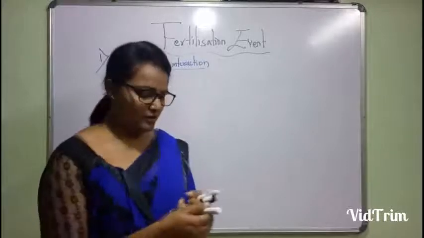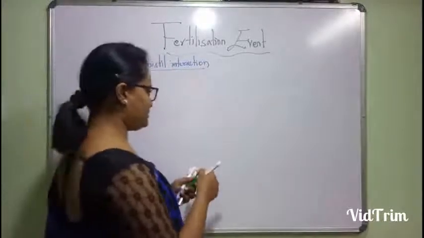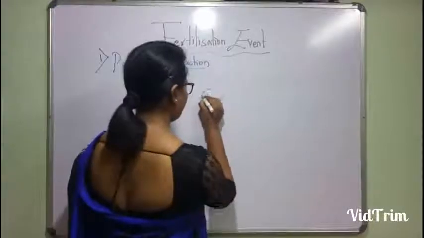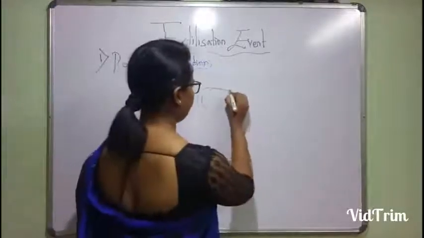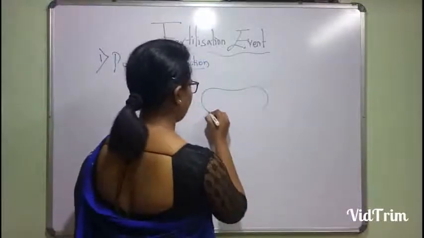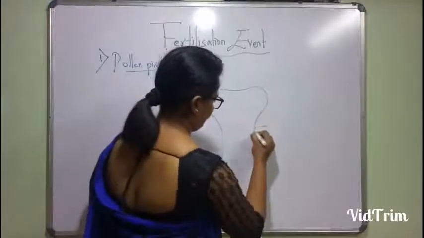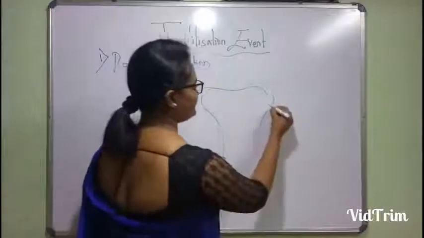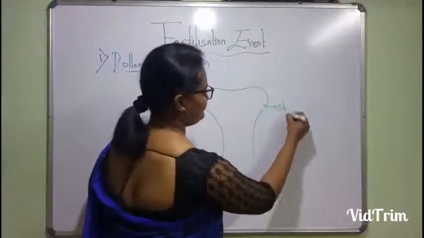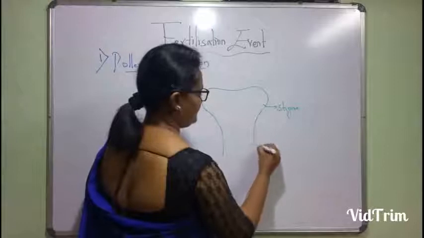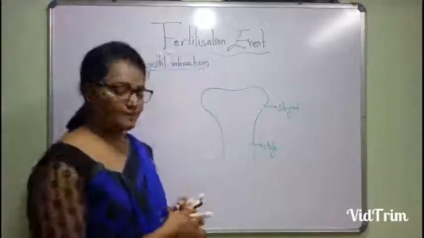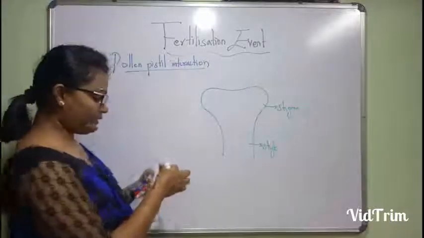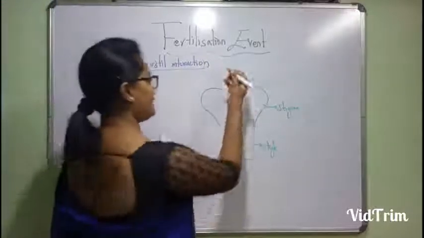We already know the structure of the stigma. I'll draw it in a bigger way for better understanding. So this is our stigma and style. What happens during the pollen-pistil interaction?